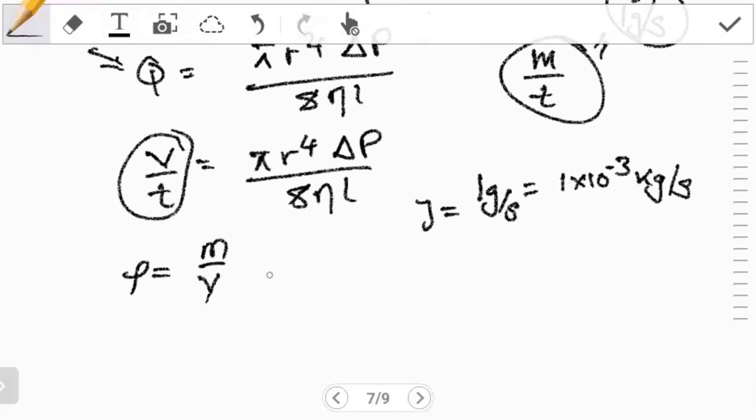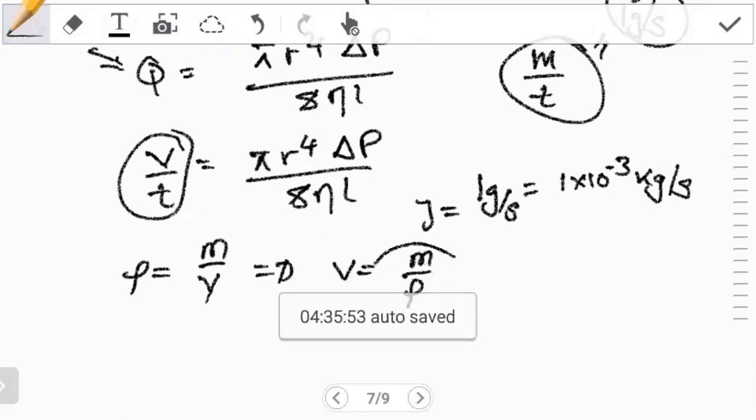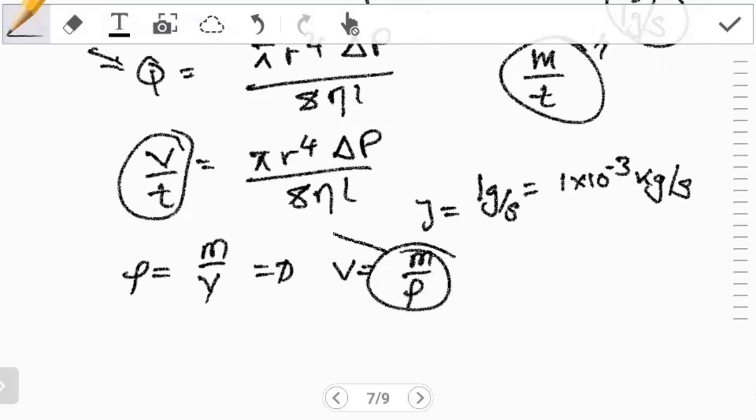So from here, I want to find an expression for the volume. So we see that volume is equals to mass over density. So now where there's volume, I'm going to substitute that.